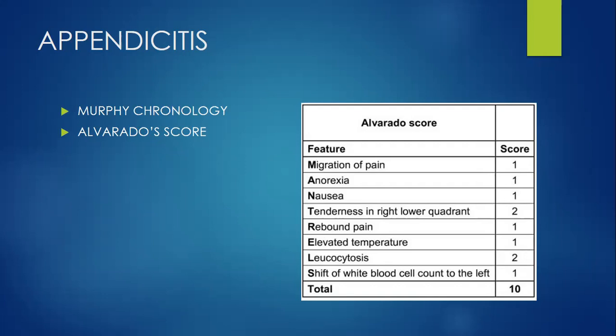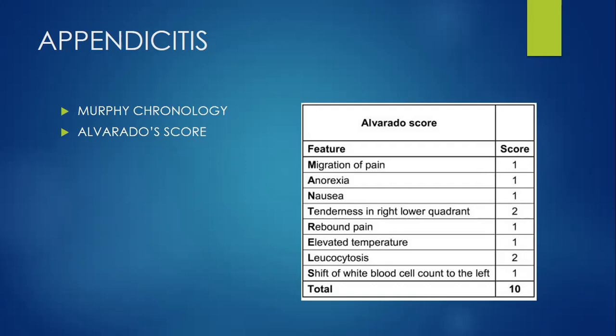Bernardo, you joined late, so you're going to answer. Okay, so what do you know about Murphy's chronology? Hi, it's when you push the abdomen of the patient and he feels pain when you stop pushing repeatedly. Okay, that might be Murphy's sign, right? What about Murphy's chronology?